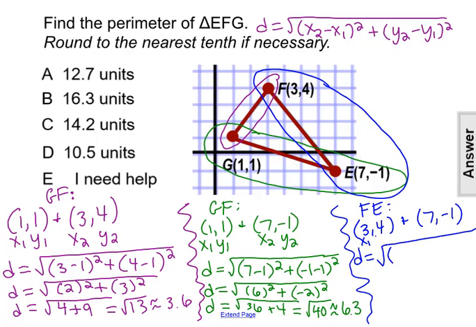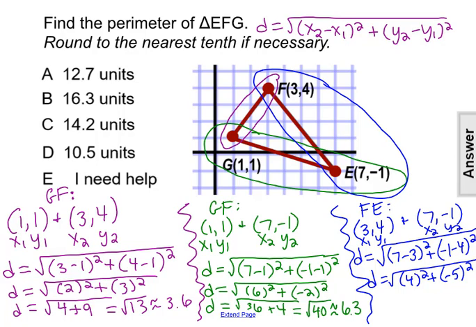We have x1 and y1 from the first point and x2 and y2 from the second point. So x2 minus x1 would be (7 minus 3) squared, plus y2 minus y1 is (negative 1 minus 4) squared. So now that simplifies. We have 7 minus 3 is 4 squared, and negative 1 minus 4 is negative 5 squared.